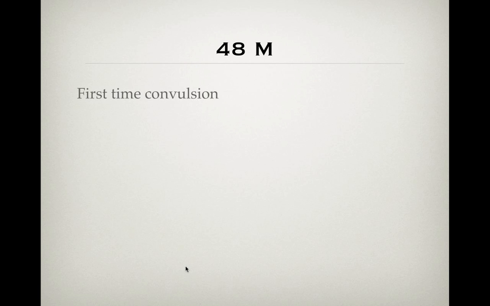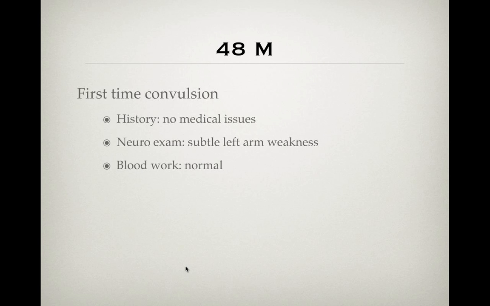Starting out with the 48-year-old male, he had a convulsion, no real medical history, and was not taking anything. His neurologic examination showed just some left arm weakness. Everything else was completely normal. Blood work was normal, and a CAT scan looking at the structure of the brain showed a large brain tumor.